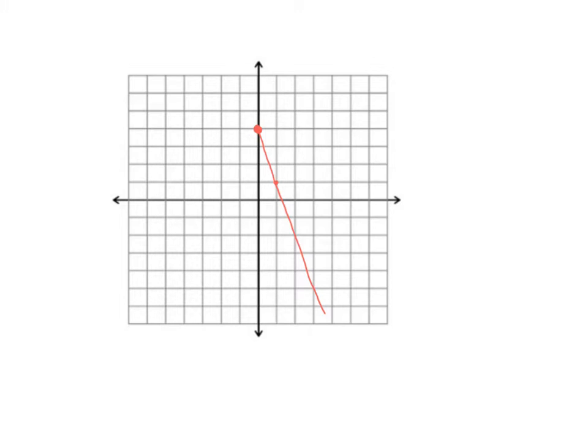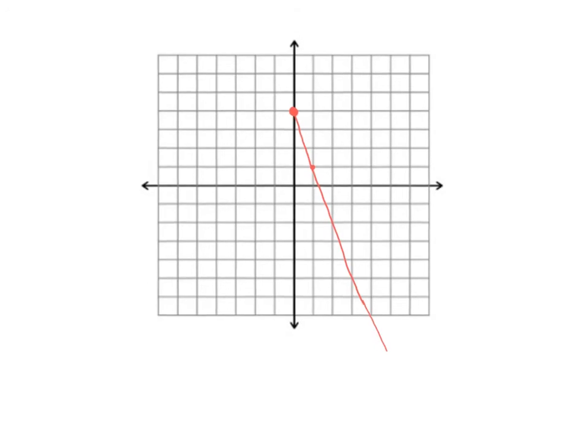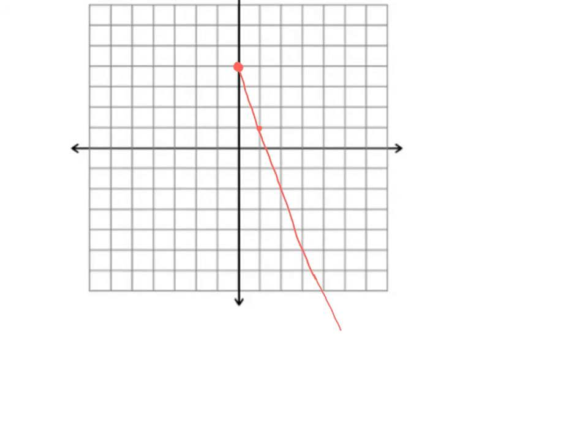Okay, we want the area from 3 to x. So actually, let me go a little farther with this. So from 3 to x, okay, so we'll go from 3, there's 3, and then we'll call this x here, so we don't run out of room. So we want all this area and that area there.